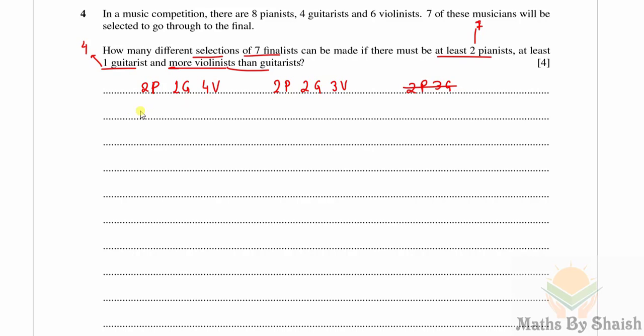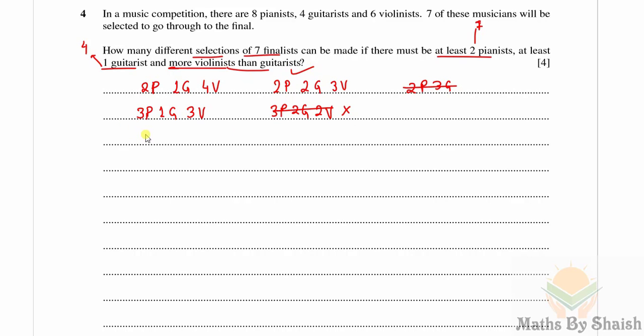Next, if we choose 3 pianists and 1 guitarist, 3 plus 1 is 4, so we can choose 3 violinists. Similarly, if we take 3 pianists and 2 guitarists, that is 5, so we have to choose 2 violinists, which is not the case, because the third condition is not satisfied.